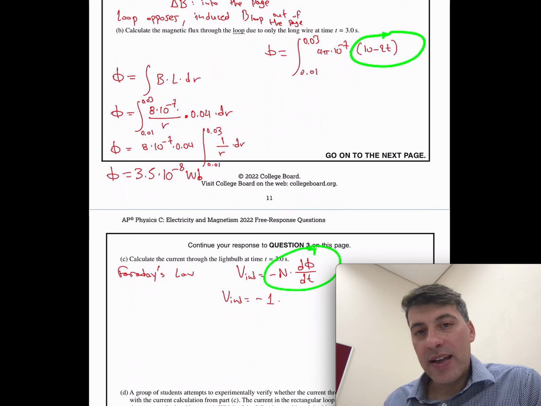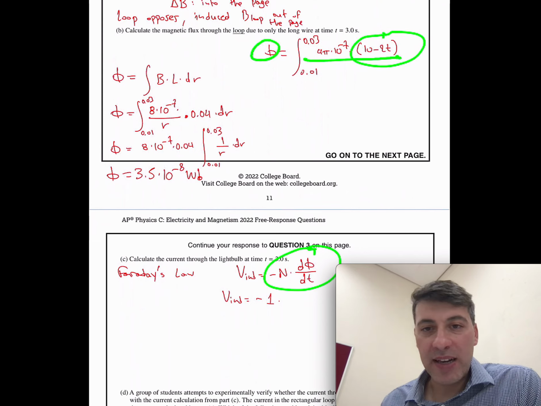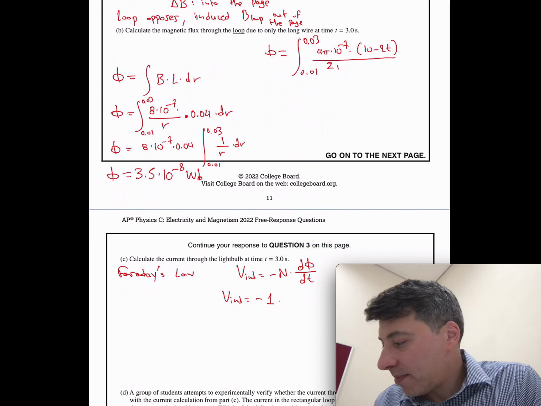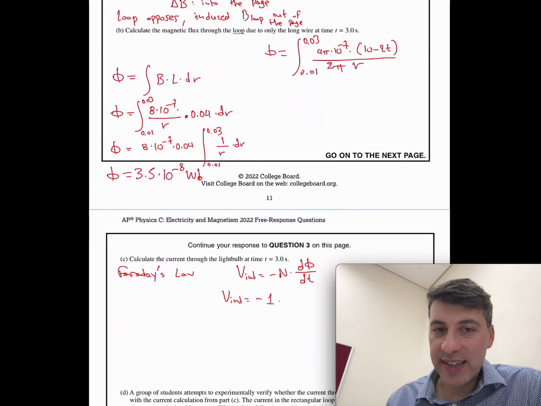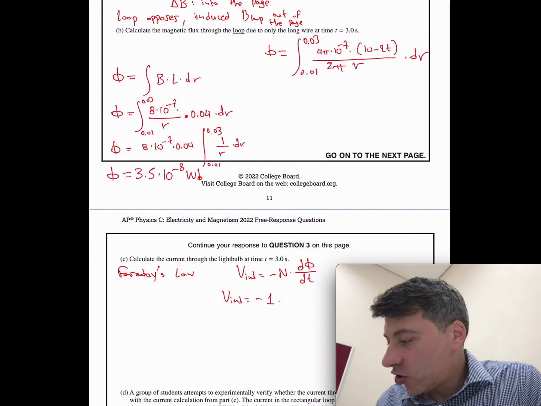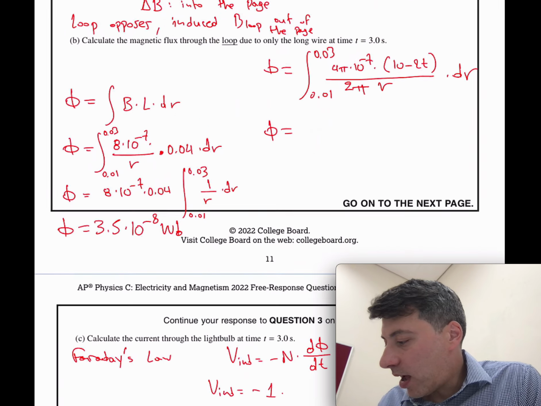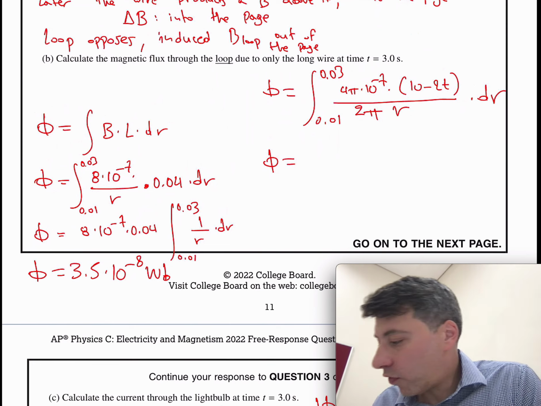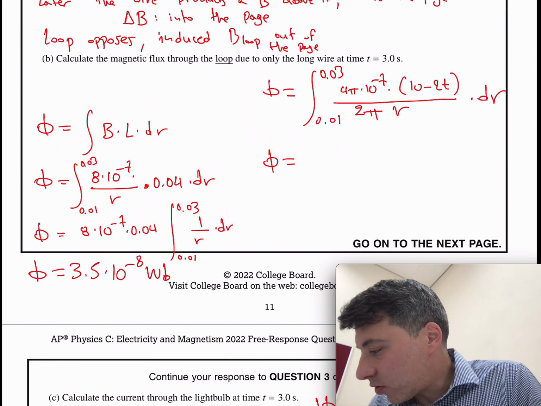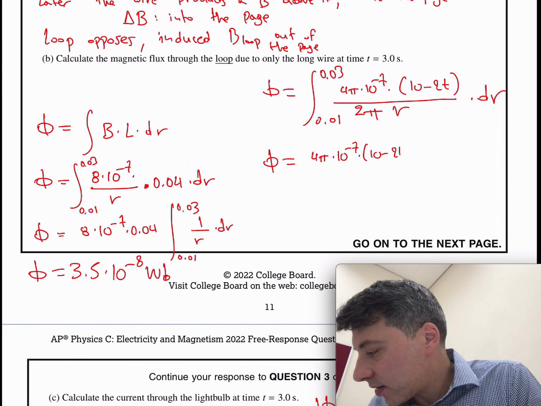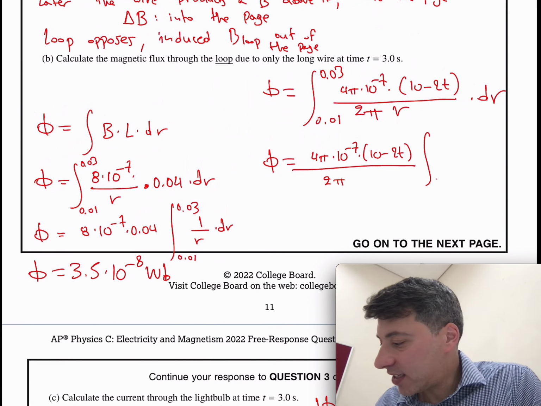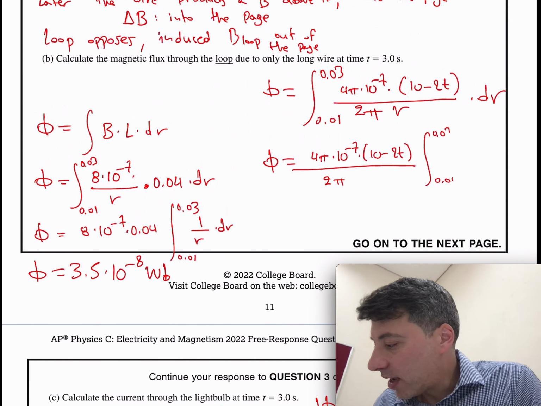That's why I bring this into the magnetic flux, divided by 2 pi r, where r is the variable in the integration with dr. So the phi will be, bringing everything that is not important outside the integration, 4 pi times 10 to the power of negative 7 times the bracket divided by 2 pi, and the only thing that stays in the integration is 0.01 to 0.03, 1 over r dr.